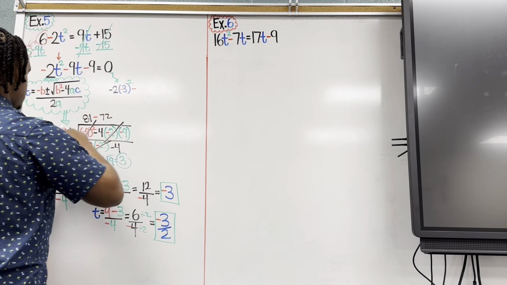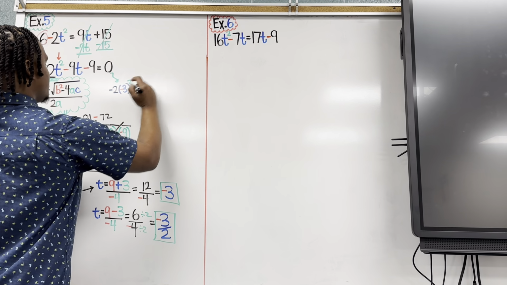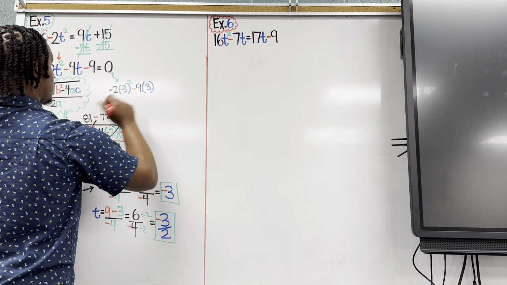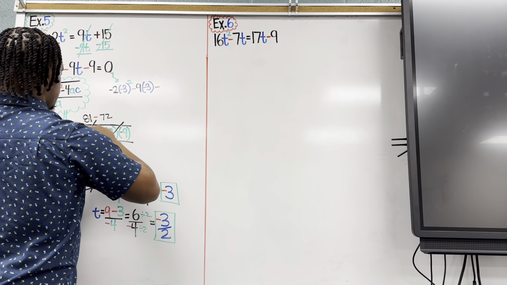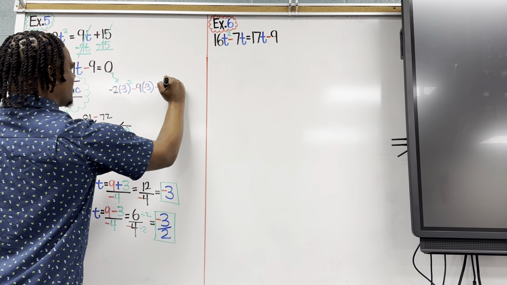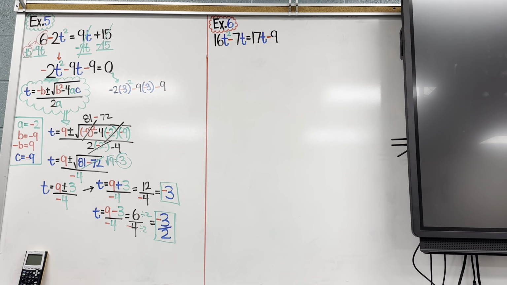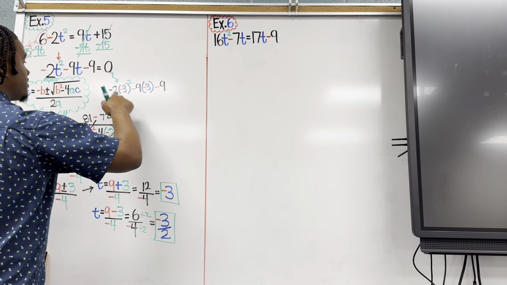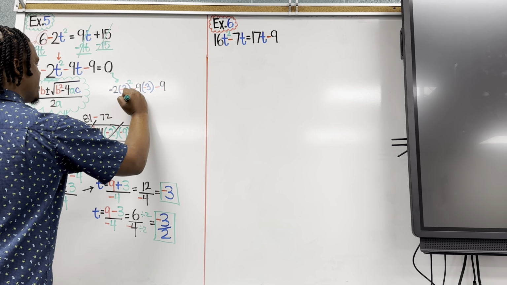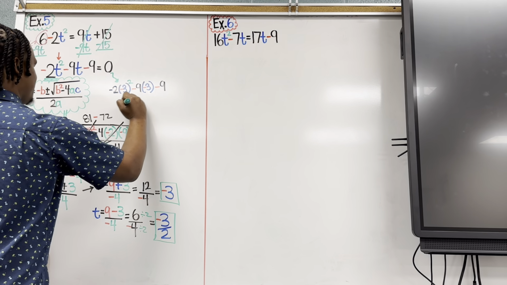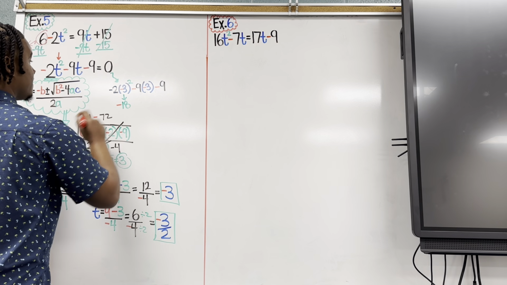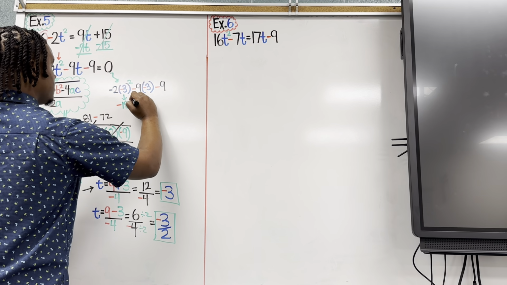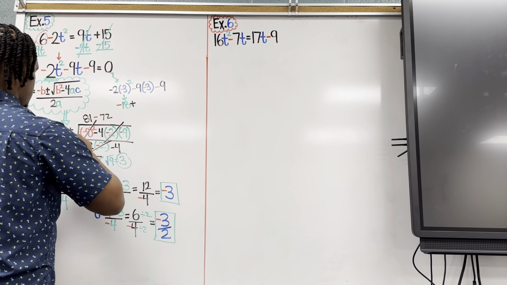Minus 9 times t, which is negative 3. Minus 9. And we want to see if everything equals 0. Negative 3 squared is a positive 9. 9 times negative 2 is a negative 18. Negative 9 times a negative 3 is a positive 27. So it's going to be plus 27.